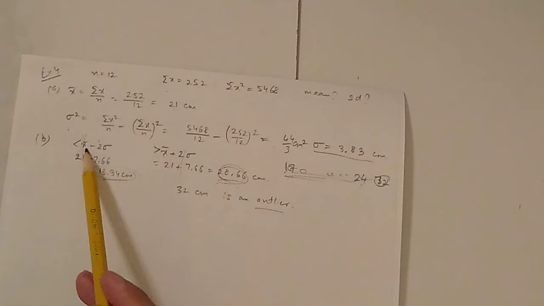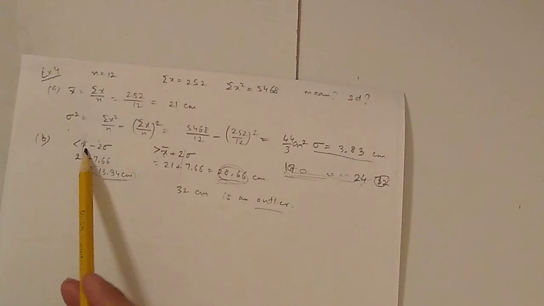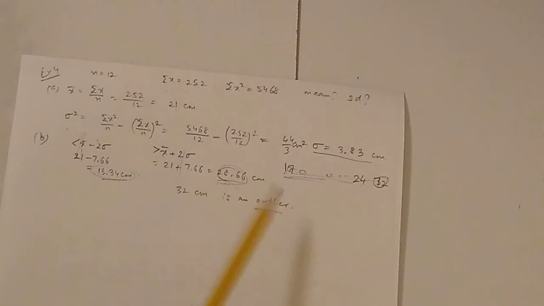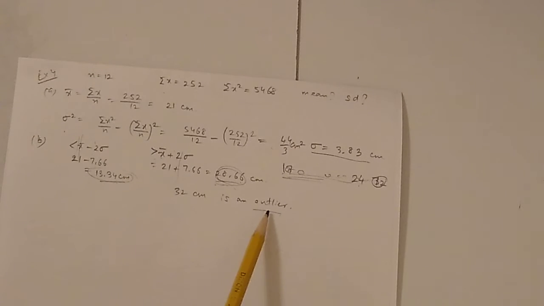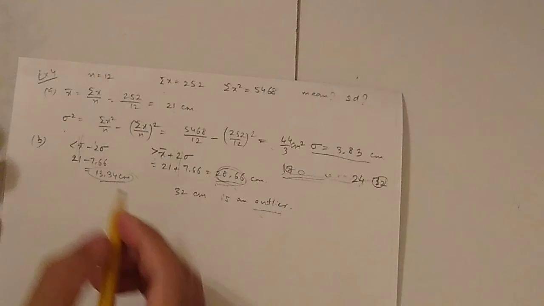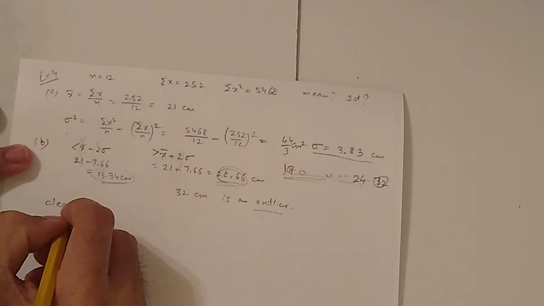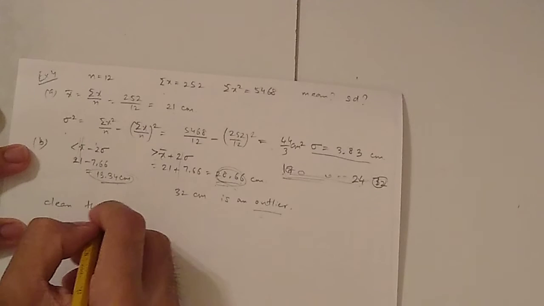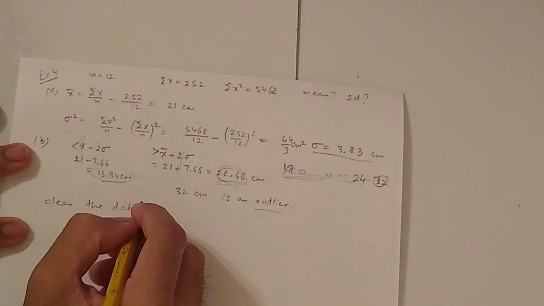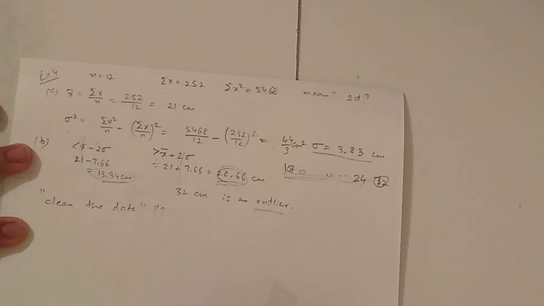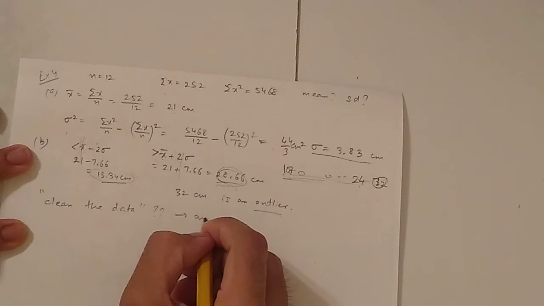So let's say that in this rule we had minus 2 sigma, plus 2 sigma, and for that reason we considered 32 centimeter to be an outlier. Now do we need to clean the data? Cleaning the data means you need to remove any anomalies.